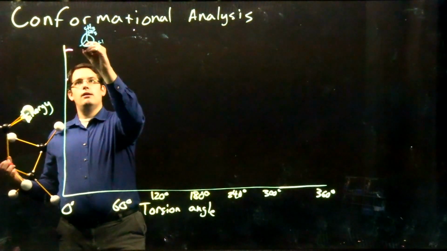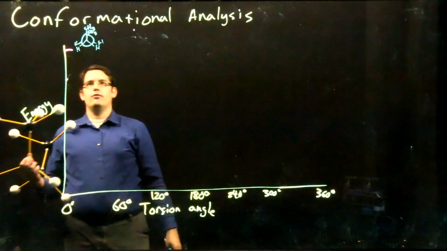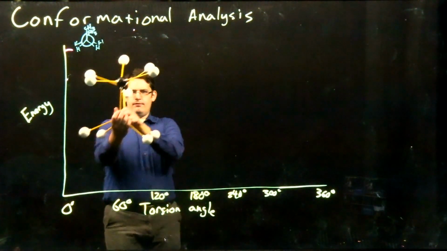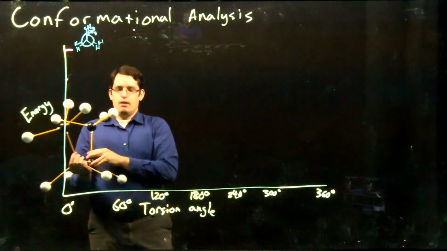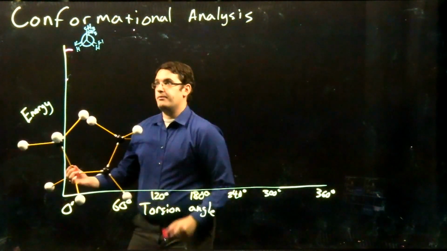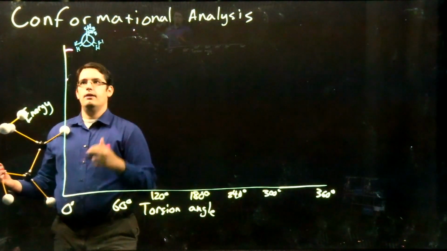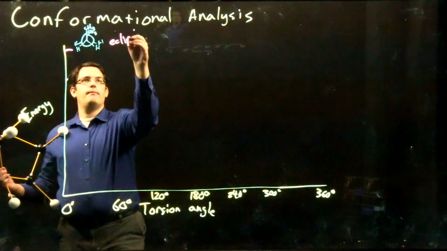Again, I have my groups on the front, red carbon, and then of course the groups sticking out from behind, representing the groups on my back carbon. This black guy back here. This is still an eclipse conformation, it's just that it's a higher energy eclipse conformation compared to the eclipse conformation of my ethane.